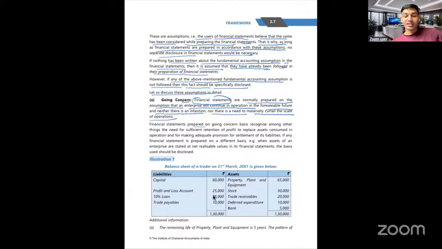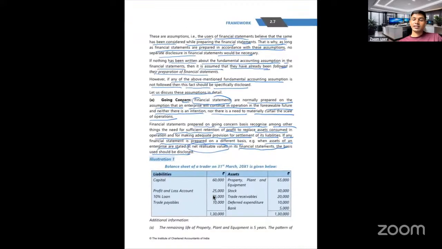Financial statements prepared on going concern basis recognize, among other things, the need for sufficient retention of profit to replace assets consumed in operations and for making adequate provision for settlement of its liability. If any financial statement is prepared on a different basis, for example when the assets of an enterprise are stated at net realizable values in its financial statement, then the basis should be disclosed.